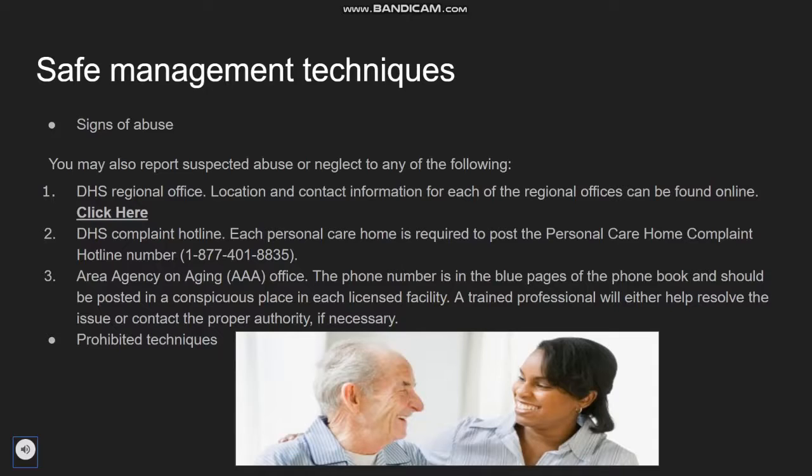What should you do if you see abuse or neglect? You should ask your supervisor what the home's procedures are to report suspected abuse or neglect. It is not your responsibility to investigate or confirm the suspected abuse or neglect, only to report what you see.